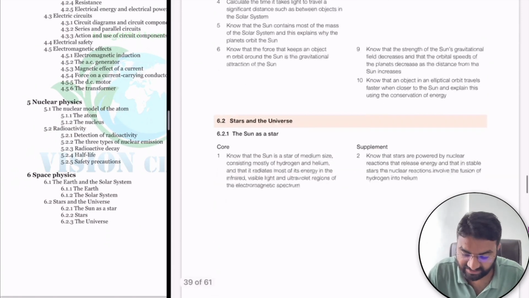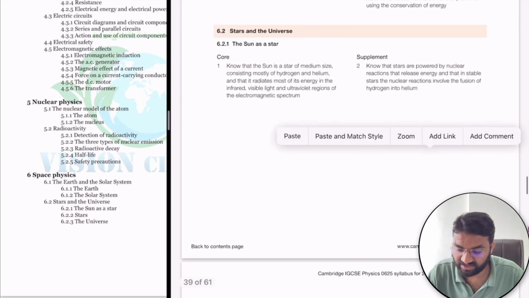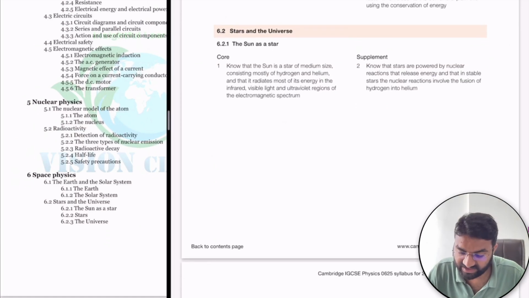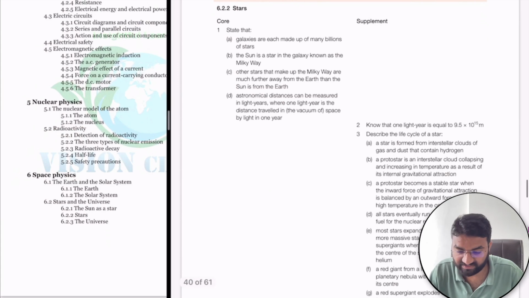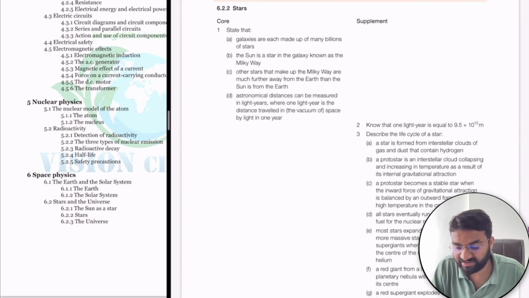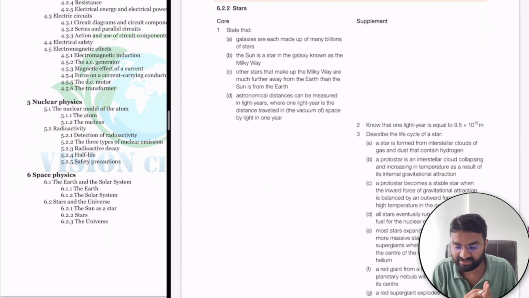Then next, the sun as a star. Here you have to understand hydrogen, helium, how they radiate energy, visible light, ultraviolet radiations. Then next, stars. Galaxies are made up of billions of stars, right? The sun is also one of the stars, known as the Milky Way.